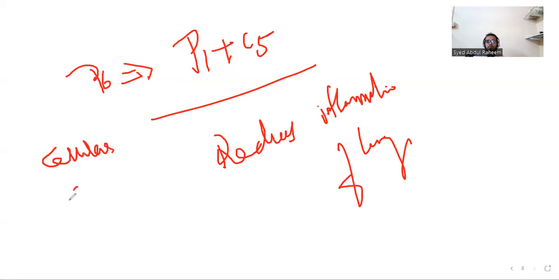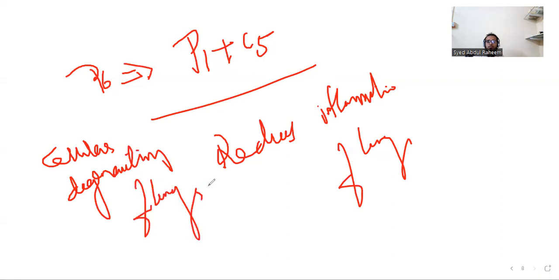So you can use P1, C5 to reduce the inflammation, reduce the degeneration of lungs, and it will improve the regeneration of the cell. After P6, we have P7.